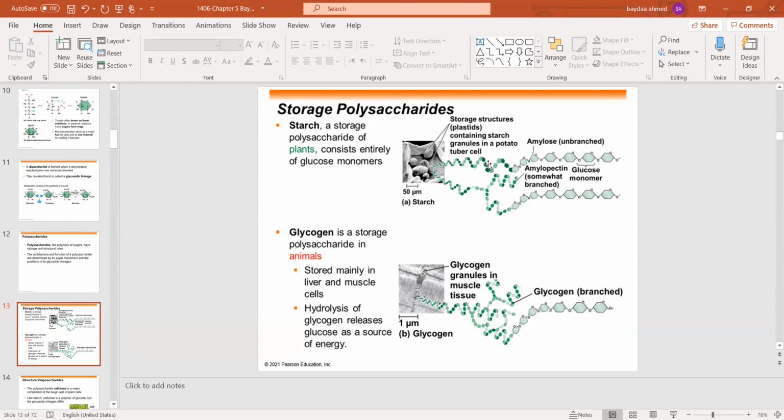So each green pentose sugar is glucose. Those are glucose, representing the monomer of this polymer. The polymer here is starch. Starch is a carbohydrate. So this is the polymer, consisting of glucose monomers.